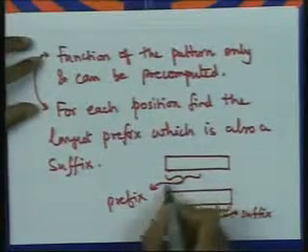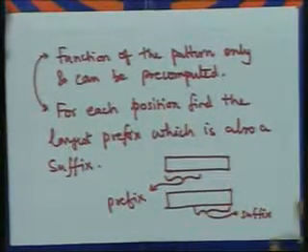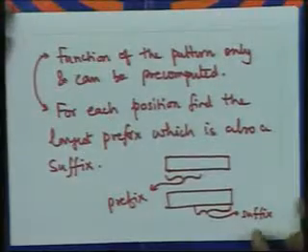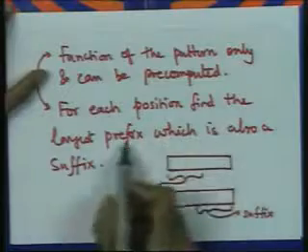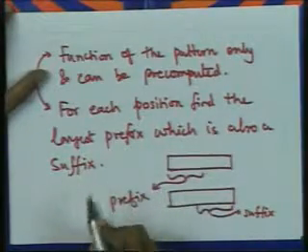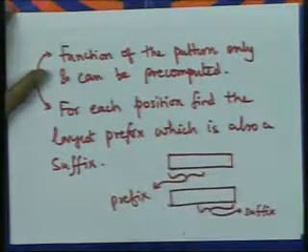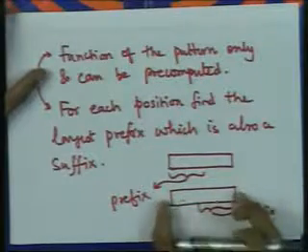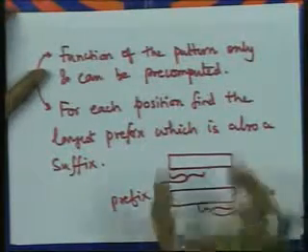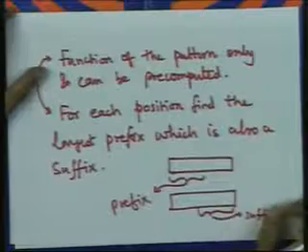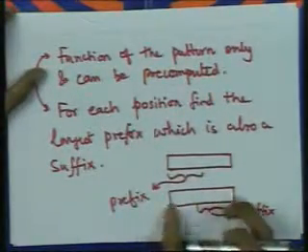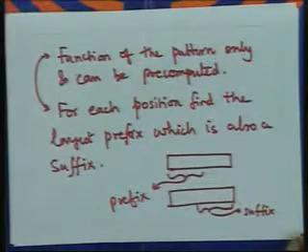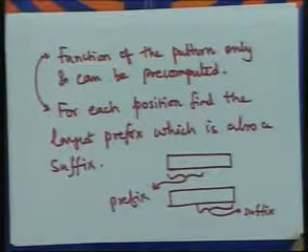So given any string, I want to find the largest proper prefix which is also a suffix. Clearly, if I take a string, the string is a prefix of itself and suffix of itself, right? But I want the largest proper prefix of a string which is also a suffix. So this is what I want to compute.